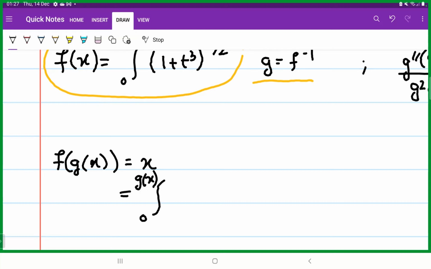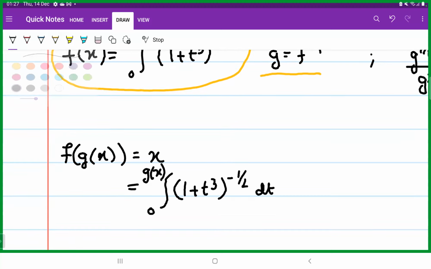We are just replacing the x with g(x) in this function of x. The rest of it will remain the same, t cube to the power minus half dt. So now we can equate this and this, so this will become x equal to this particular integral.